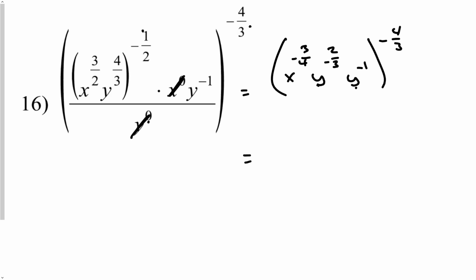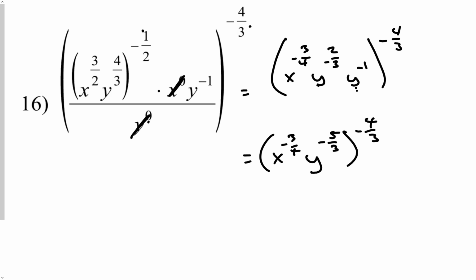So what I want to do is, let's put these two together before I even do that. So x to the negative 3/4, and then y becomes 5/3, so negative 4/3.